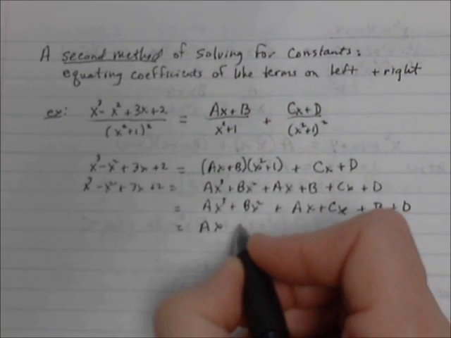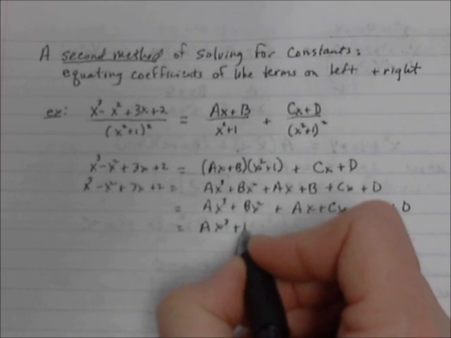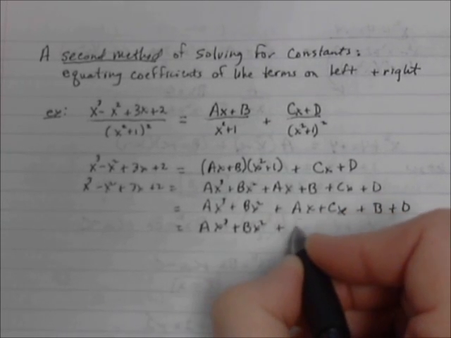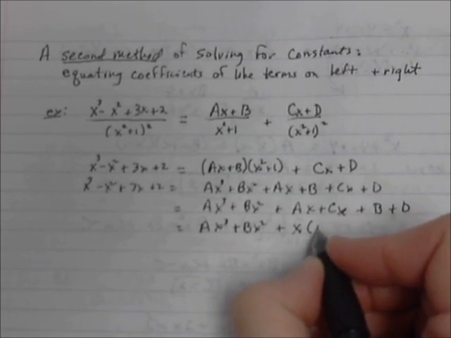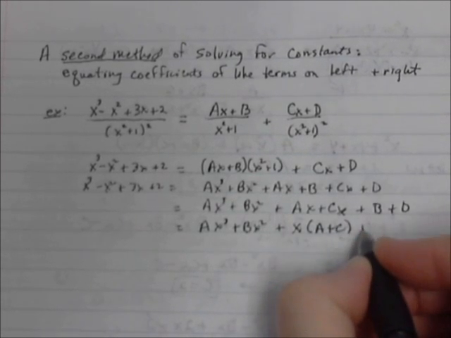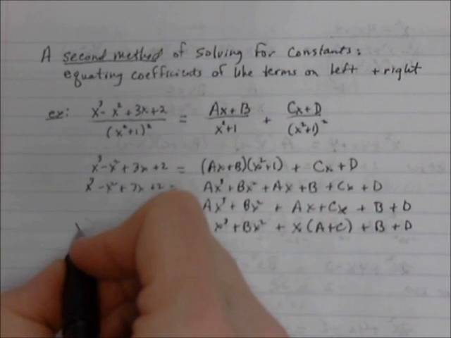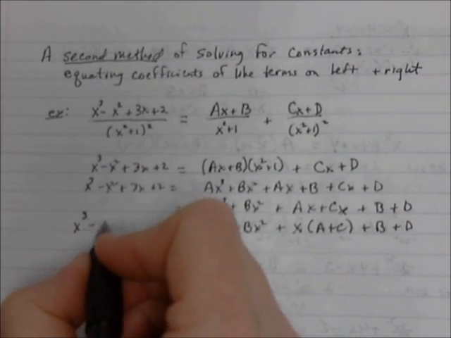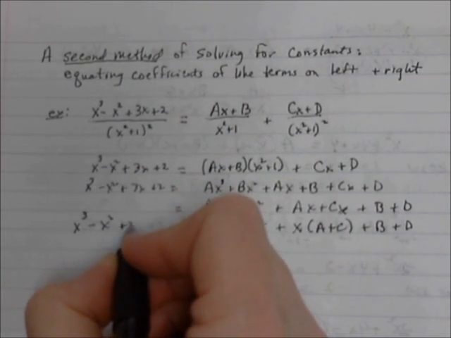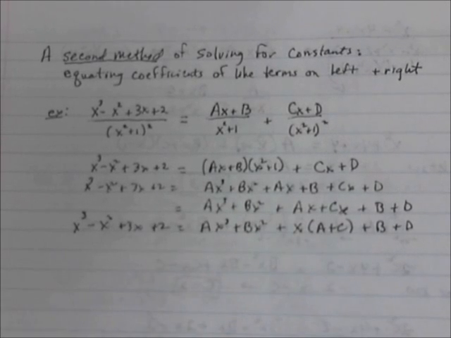So if we factor the x out of that, we have ax cubed plus bx squared plus x times a plus c, plus b plus d. And that's equal to x cubed minus x squared plus 3x plus 2.